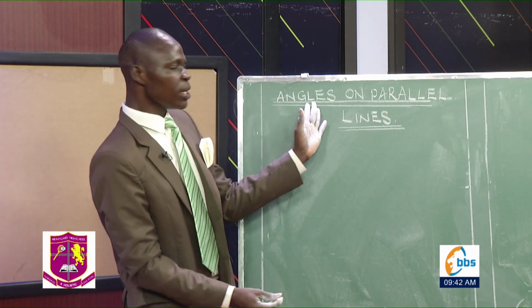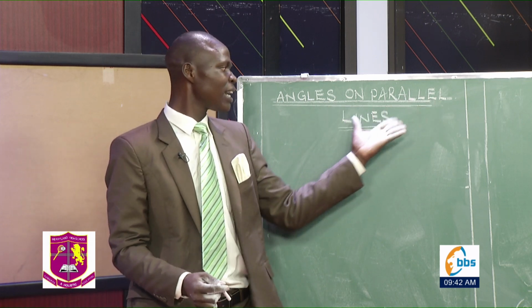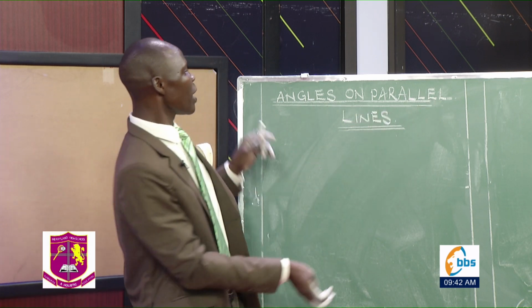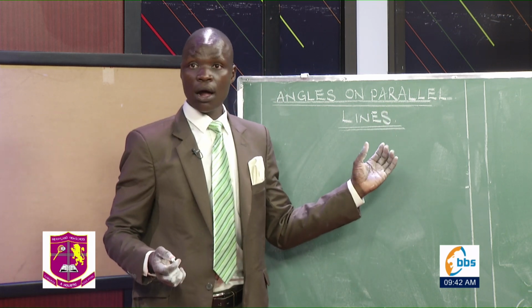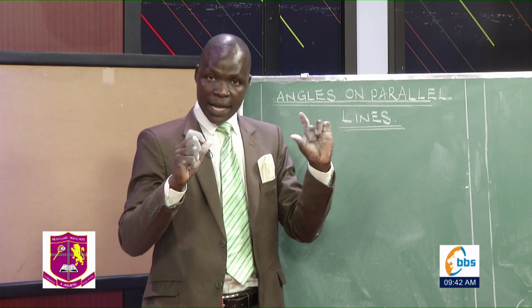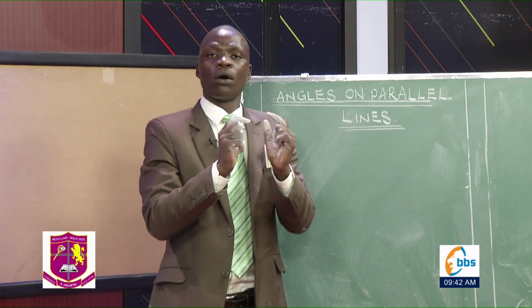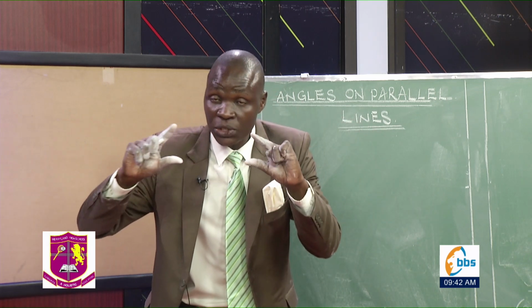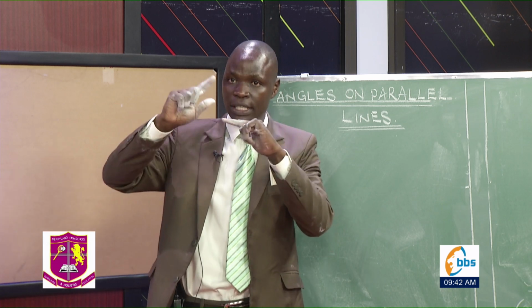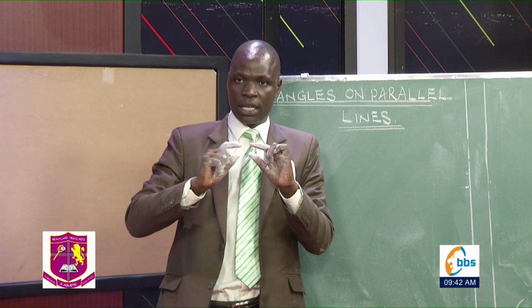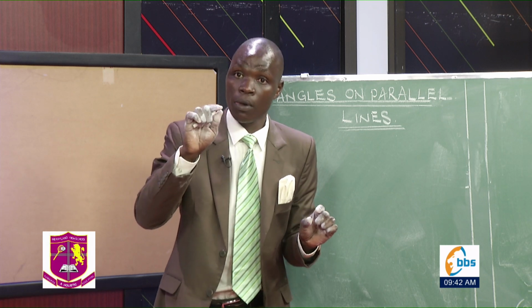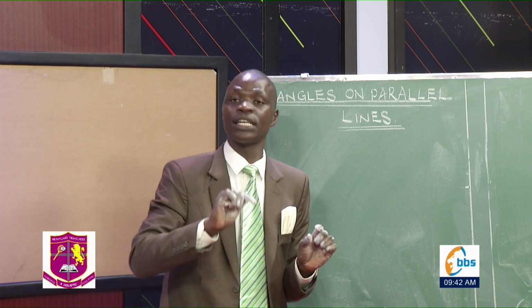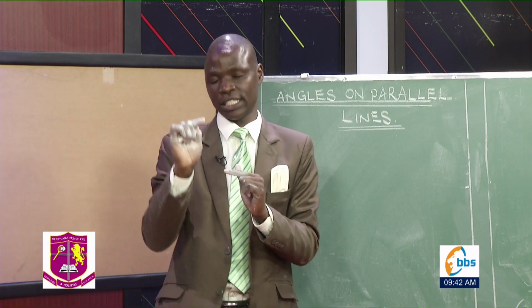So when we talk about angles on parallel lines, first of all, we have this term called parallel lines. Parallel lines are lines extending in the same direction but with equal distances apart.